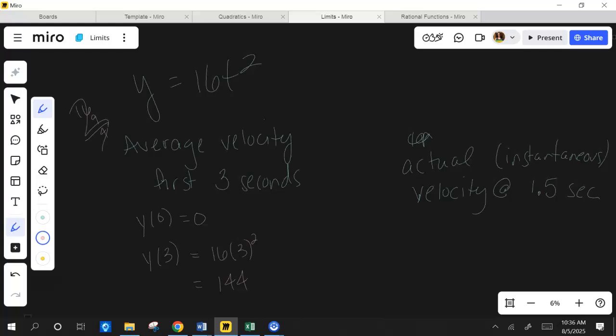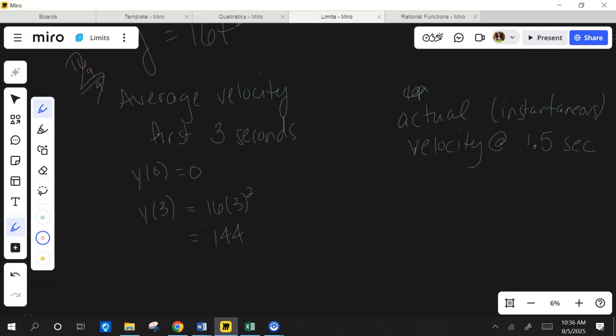Yes. Okay, so the average rate of change over the first 3 seconds. Remember, I need to do the correct units. So I'm going to do 144 minus 0 over 3 minus 0. Everybody sees where that's coming from? Which is, 3 goes into there how many times?